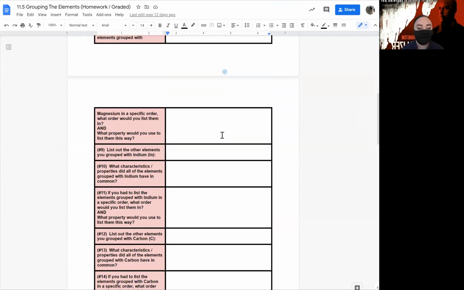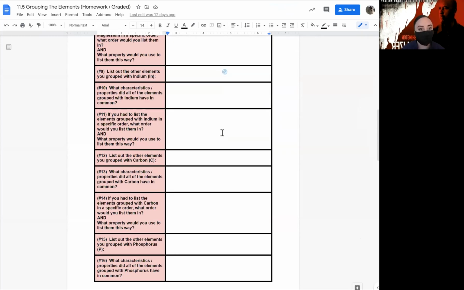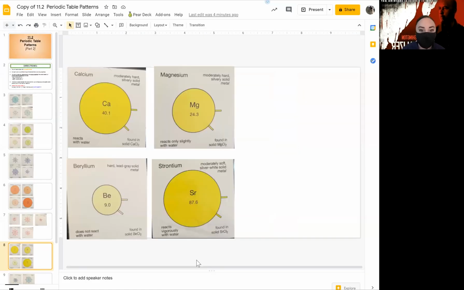Okay, so this is going to get us to start looking at what are the slight differences between the elements within each group, and that's going to lead us toward understanding how could that affect the reactivity of those different elements, right? We notice if we look at these, these all say something with water.